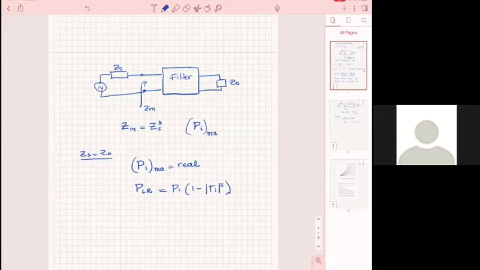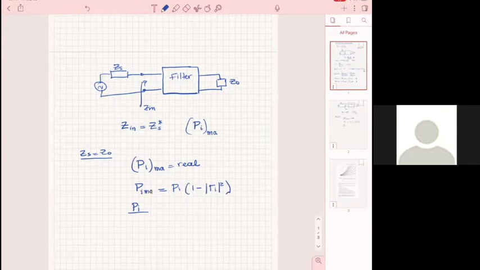And when we took the ratio of the PI, in fact, I should probably call that something different. One moment. Let's call that still maximum available. When we took the PI over PI maximum available, that gave us 1 over 1 minus gamma I squared, and that is our PLR.